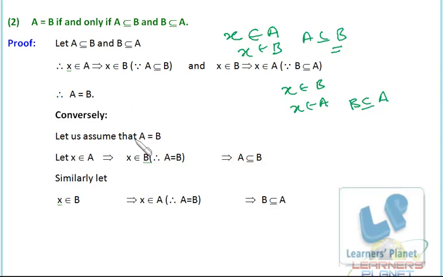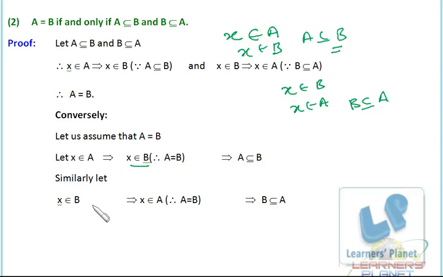Conversely, what we can do is we assume A is equal to B. Now if A is equal to B, that means what? Any element X that belongs to A will definitely belong to B also. X belongs to A and X belongs to B because A is equal to B. That means A is a subset of B, isn't it? Because all the elements of A are there in set B also.